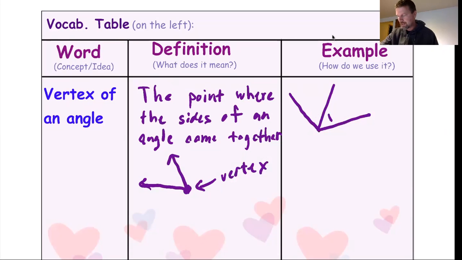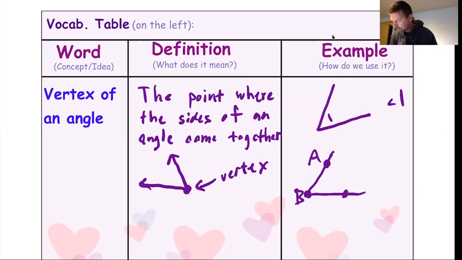However, you can also name an angle by its letters, the letters of the points that land on it. So if there's an A here and a B here and a C there, I can name that angle ABC. Here's where vertex comes in.